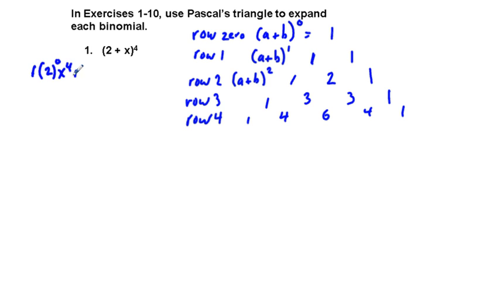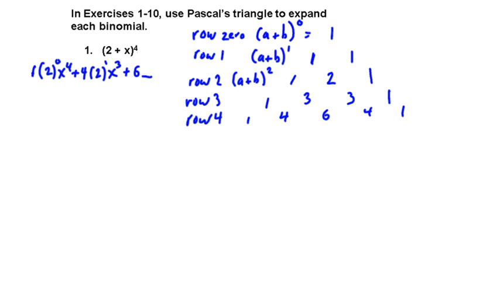Our next term is plus 4, again from Pascal's triangle, times 2 to the 1st power times x to the 3rd power, plus our next coefficient, 6.